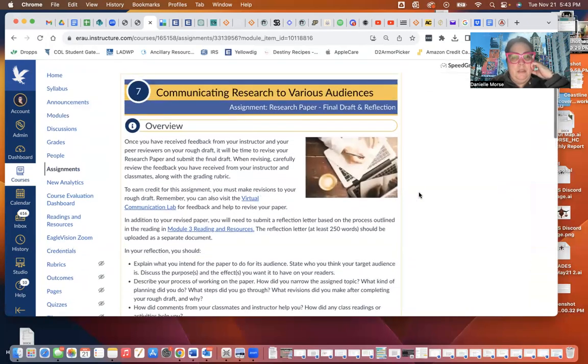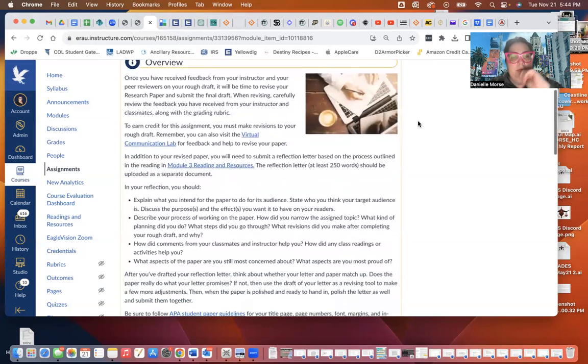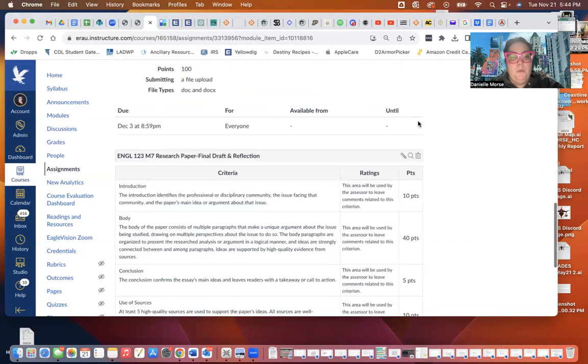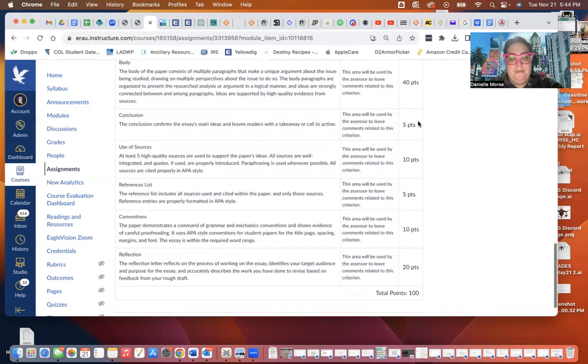So if you go to the next module and you look at the final draft and reflection, we're not going to talk about the reflection because that's separate. I'm just focusing on the research essay right now. This talks more specifically about what to do in the reflection. But what you have here is the rubric for the research essay.